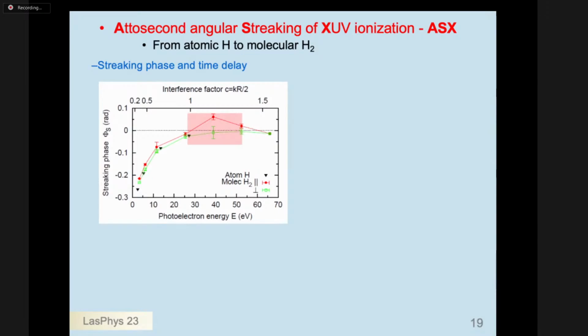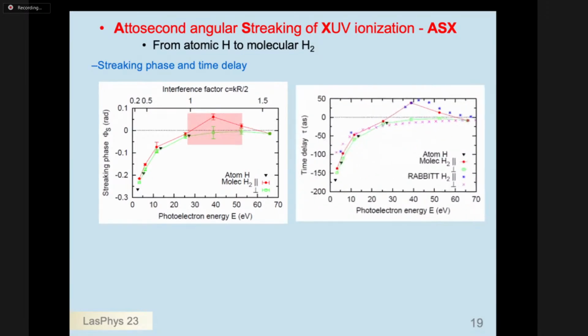Perpendicular remains essentially atomic-like, but parallel changes the sign of the time delay. And it's a very important physical result, because in Coulombic systems, the atomic time delay is always negative, and in molecular hydrogen, in parallel orientation, it becomes positive both in rabbit and streaking.